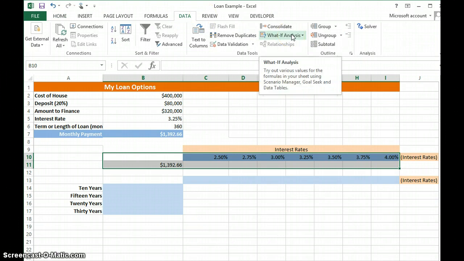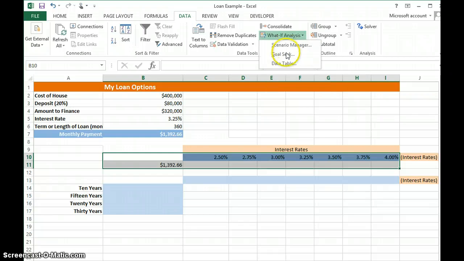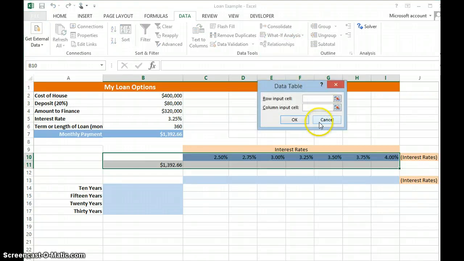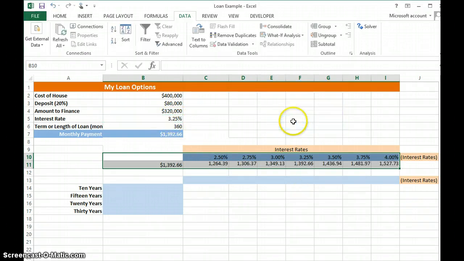It's a What-If Analysis, because we're going to say, what if we pay this percentage interest? What if we pay this one? So it's a What-If Analysis, and it's a Data Table. This particular example is a row data table, and we need to choose the row going across is the different percentages. So we just click on the percentage there, and then we click OK.